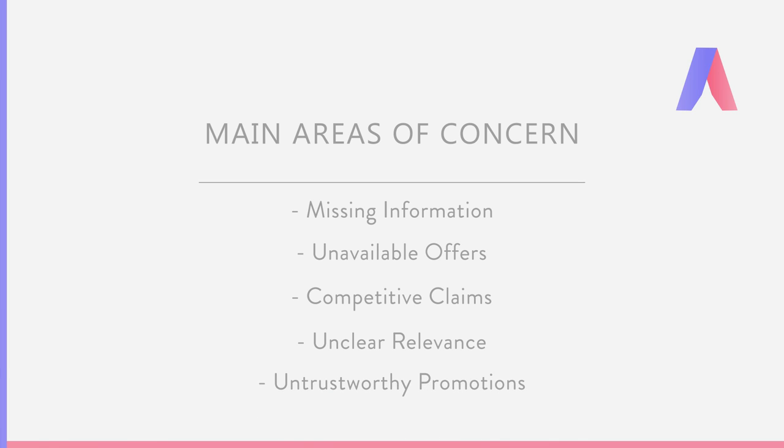Now, the last and most serious, and the one that requires the deepest dive, is untrustworthy promotions. This category of misleading and inaccurate claims causes Google to sever their relationship with you altogether. Within this category, it's the most serious, but they've deemed that your copywriting is so egregious that you're no longer a safe person to do business with.